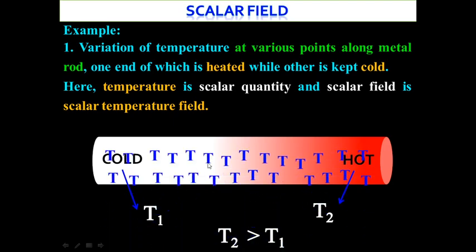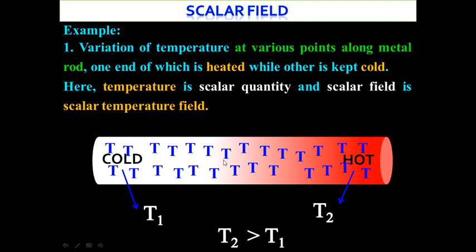So at every point the value of temperature varies by certain kelvin, certain millikelvin. So inside this rod the temperature gradient is created or temperature field is created. So this is nothing but the scalar field. This is also called scalar temperature field. So this is the example of scalar field.